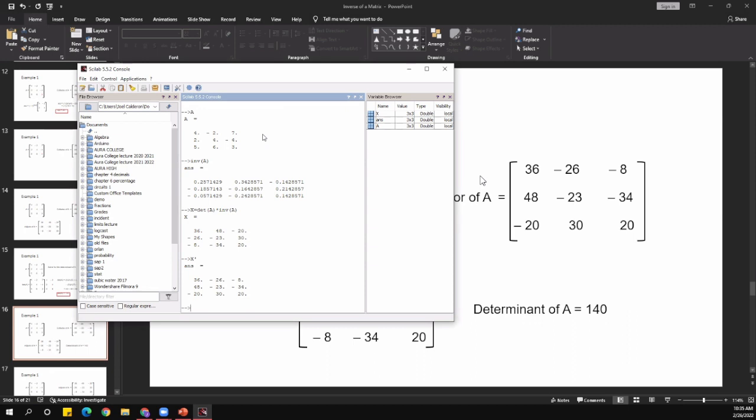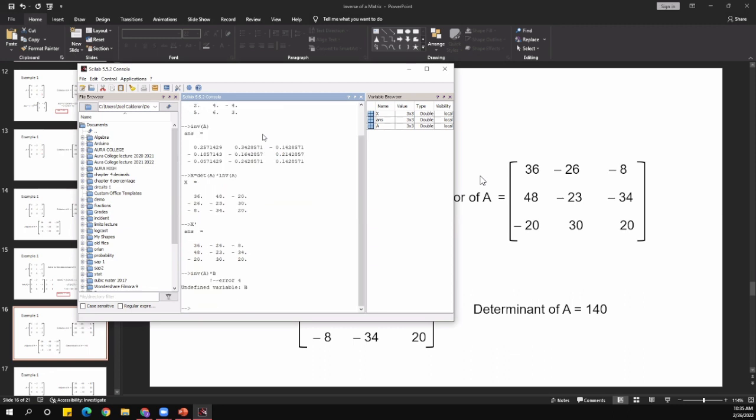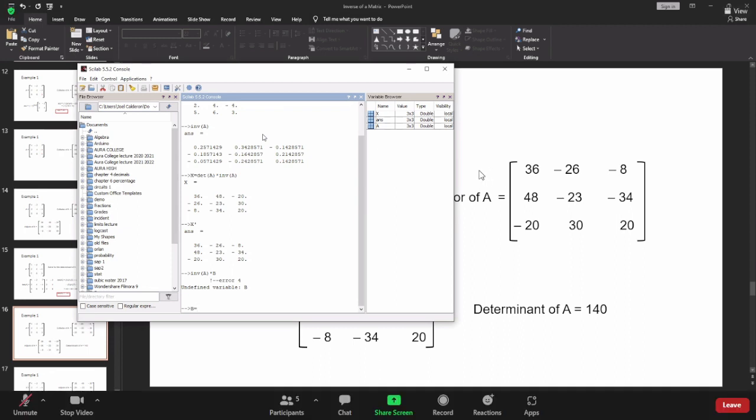Nasundan? Kaya nga 'di ba sabi ko sa inyo, yung isa sa mga commands is inverse of A, then you multiply it by B, A inverse times B. Tignan mo natin yung B. B is equal to 6, 8, 9.